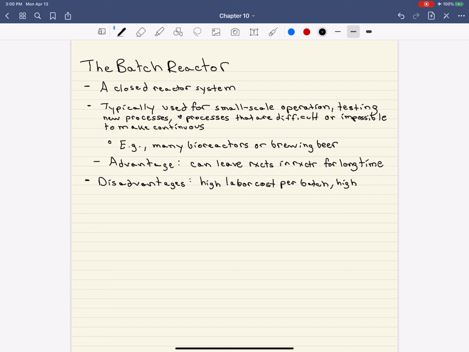The yield and the purity of the products in a batch reactor can vary greatly. And also, as far as scale up is concerned, it's hard to scale up your process just based on using a batch reactor. And that's not only due to challenges in scaling up the material balance, but also challenges when you scale up the energy balance as well.